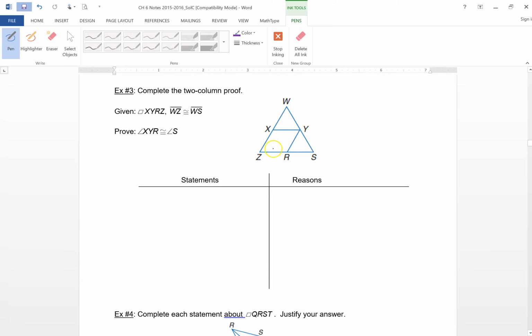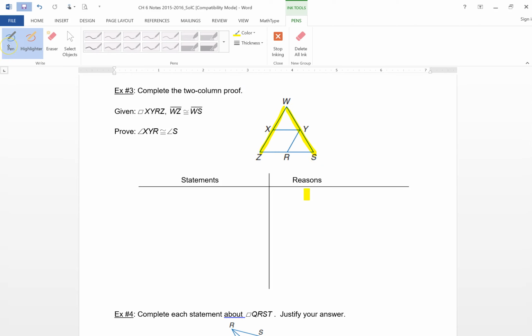We're given parallelogram XYRZ, and it's hidden in that triangle over there. We're also given that WZ, this entire line, is congruent to WS. So this is congruent to that.